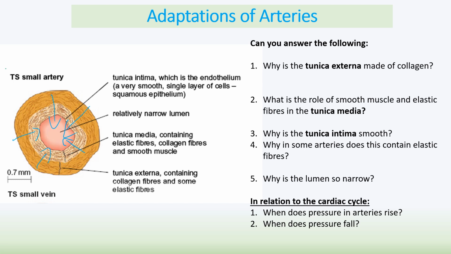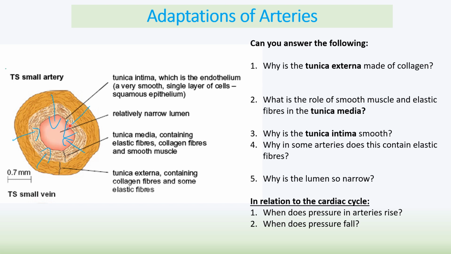The fibers help reduce the amount of energy expended in transporting oxygen, which is really, really important. The muscle's job, and it is smooth muscle that is in this layer, is really important as well.